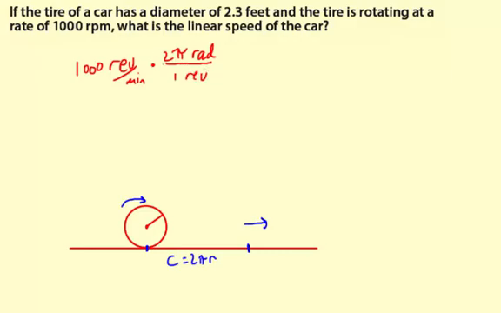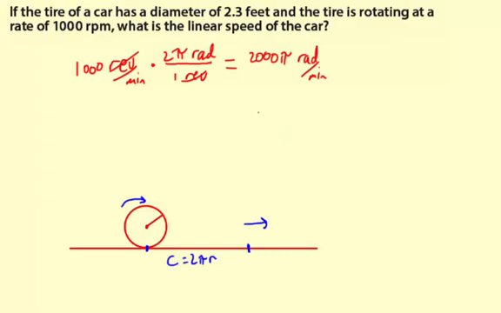And that will give us radians per minute. So just mental math, 1,000 times 2 pi is 2,000 pi. And that's going to be radians per minute. Our revolutions here and here cancel.